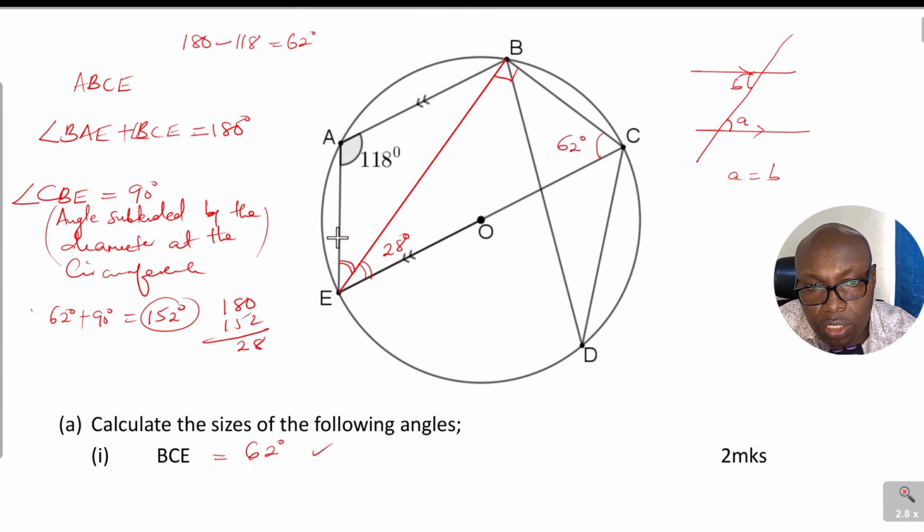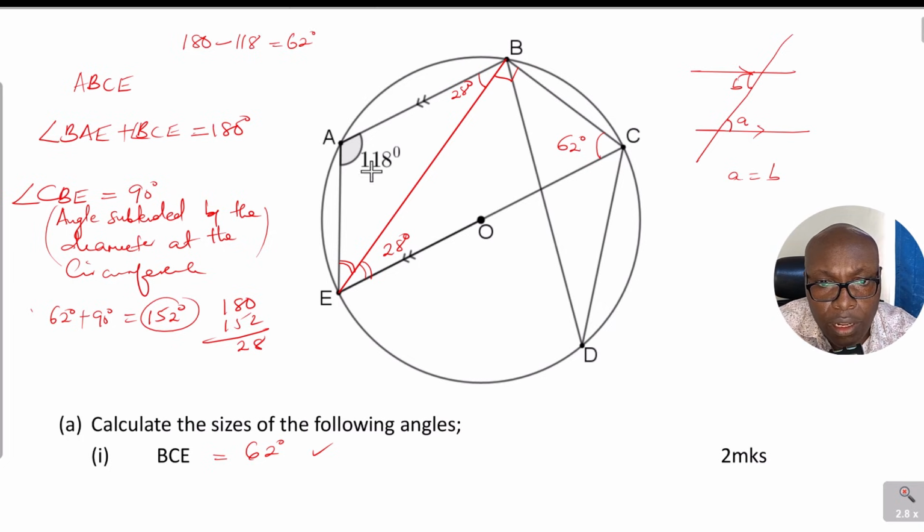So when you look at these two parallel lines, AB is parallel to EC, and BE is the transversal. So this angle that is here, 28 degrees, is alternate to this angle here. So this is 28 degrees, and also angle ABE is 28 degrees. So ABE is equivalent to BEC.